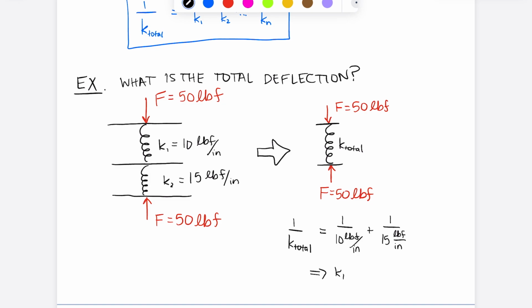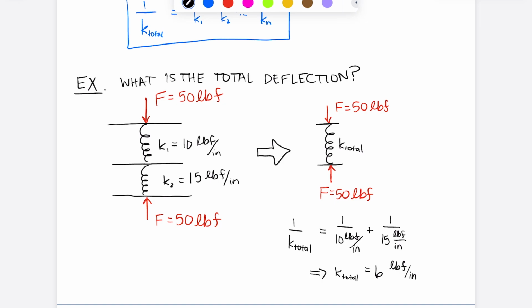So if I plug this into my calculator, let's see, 1 over 10 plus 1 over 15, and then I've got to invert that. All right, you should get 6.